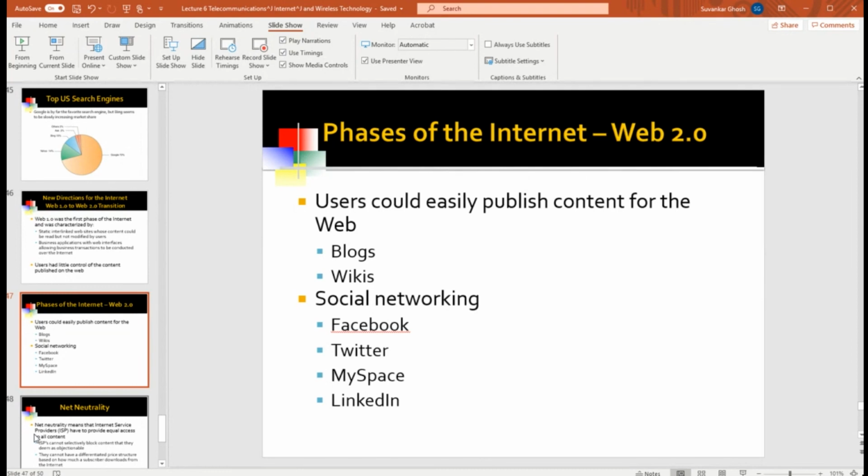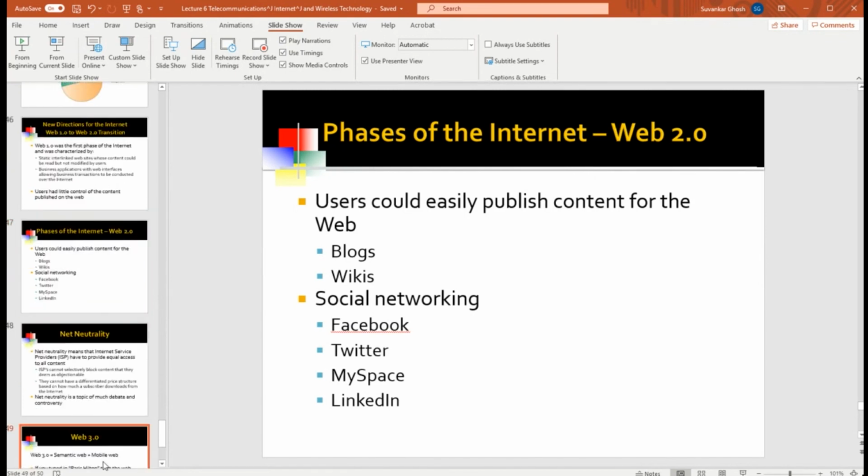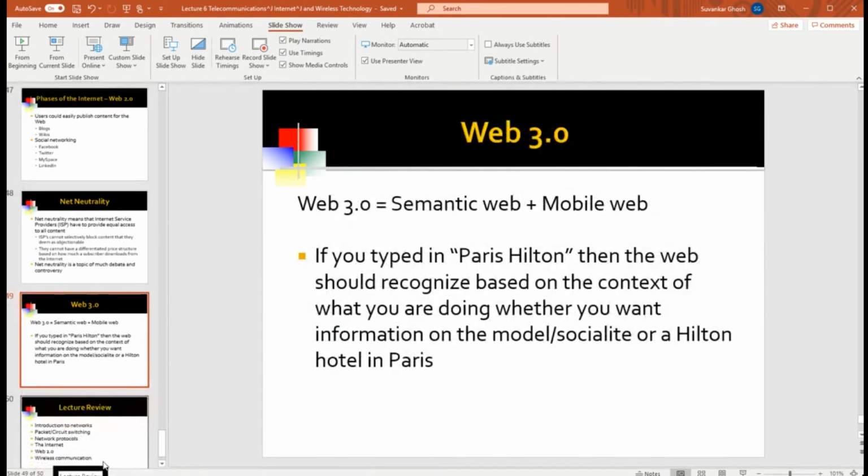But now we are reaching the era of Web 3.0, and Web 3.0 is what is happening today, which is a confluence of both the mobile web and the semantic web. So we said, when you think about the eras of digital computing, the current era is referred to as the era of mobile and cloud computing.